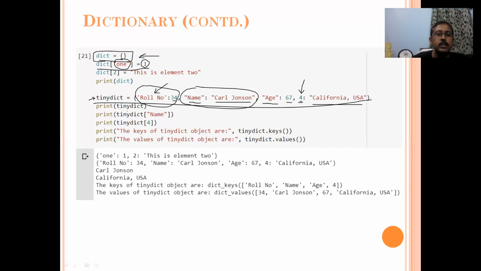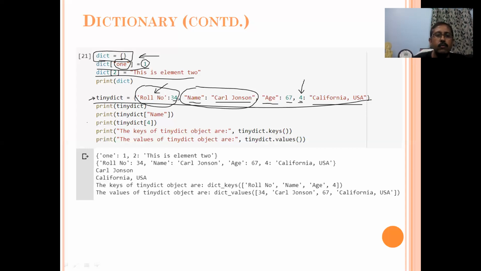If I now print this, what will I see? Since there are two elements added, this is the first element and this is the second element. In the first element, the key is the string 1 and the value is the digit 1. In the second element, the key is digit 2 and the value is the string, this is element 2.